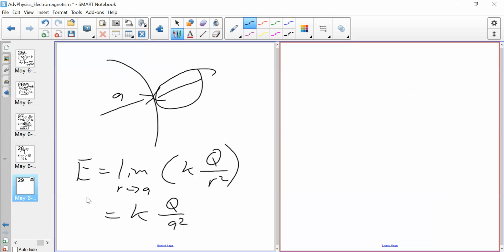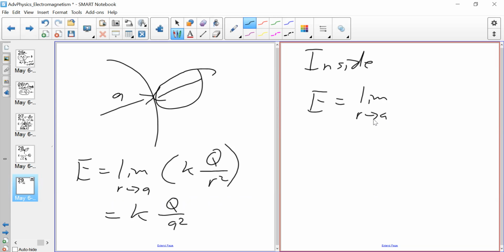Okay, and then how about from the inside? So we're going from this point all the way to the edge from the inside. So the electric field would have the same limit as R goes to A from the inside. Our limiting case is the same, but what changes is the fact that our electric field is different from both sides.